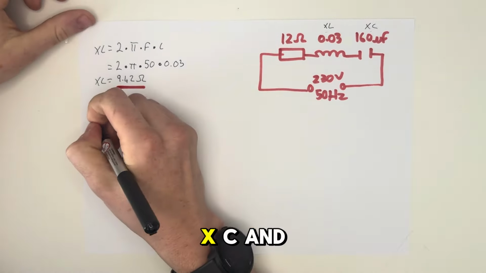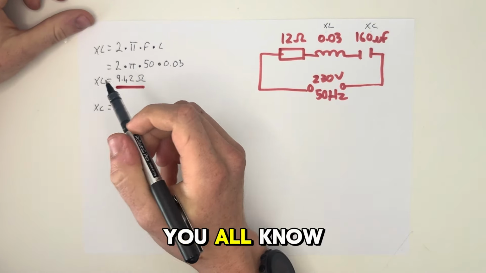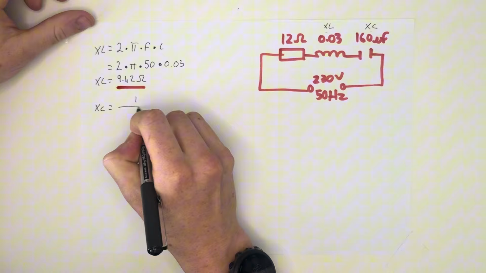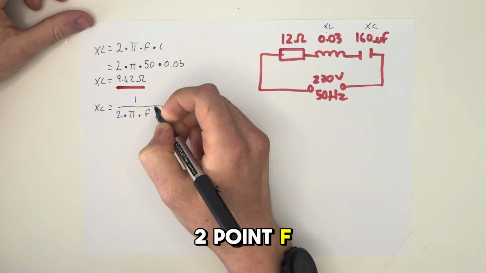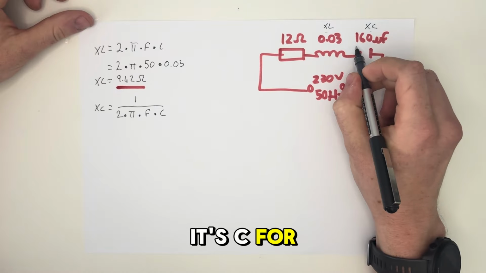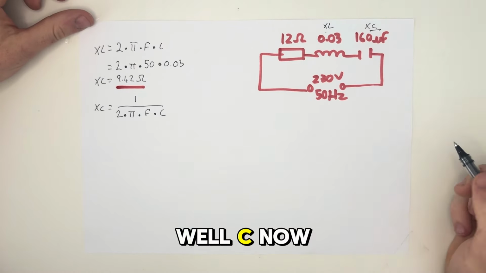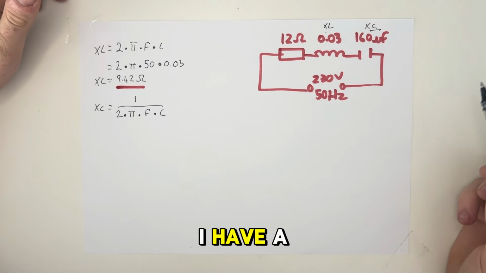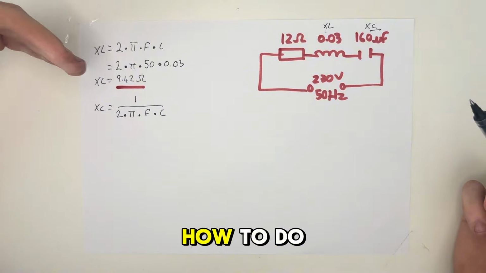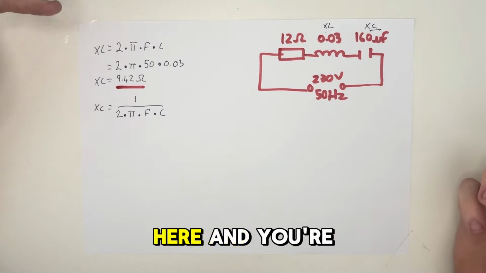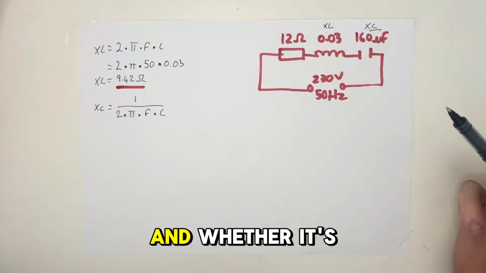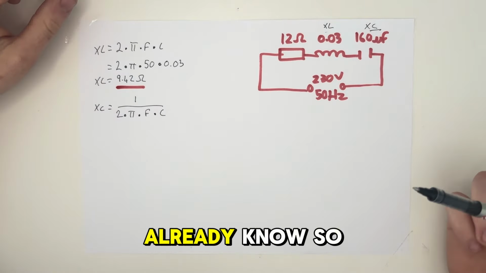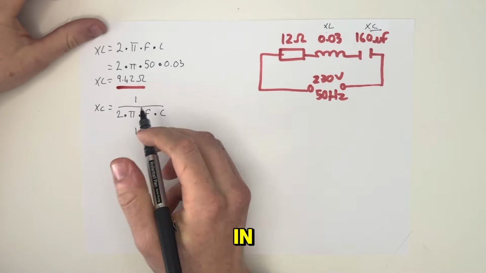Now we get XC. And you all know the formula: 2 pi F, instead of L, it's C. Now, if you don't know how to do this, I have a few videos. I'll link them down below on how to do these. But if you're here and asking this question, looking to find the phase angle and whether it's leading or lagging, I assume you already know. So we get stuck in.